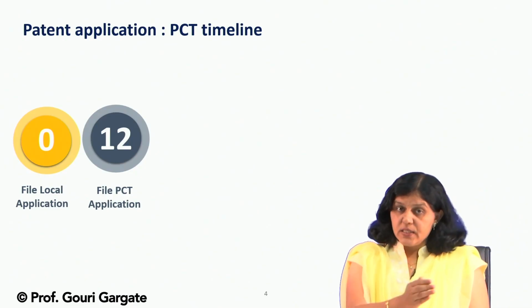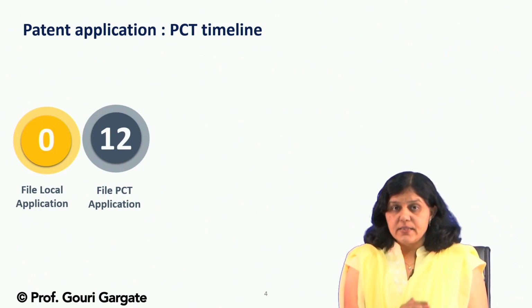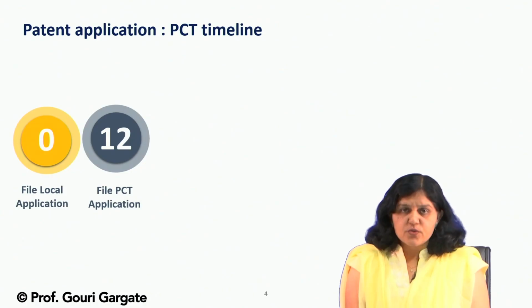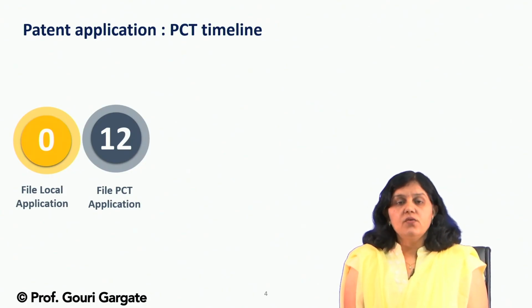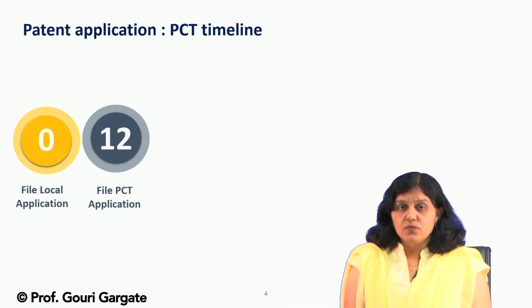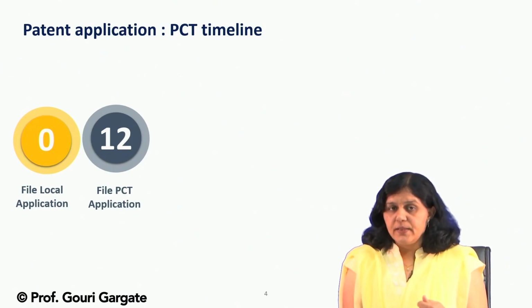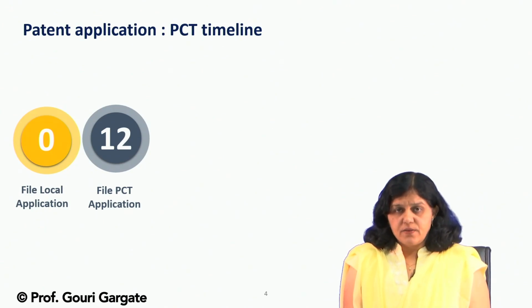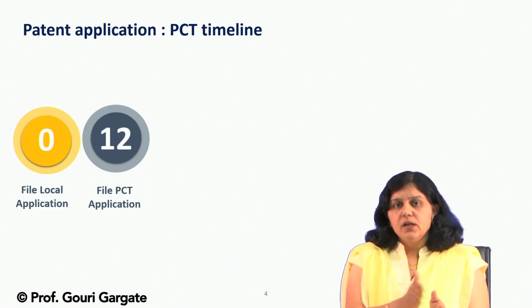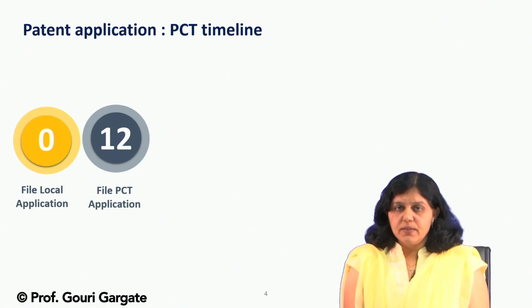We have seen earlier that for conventional patent filing also you have to follow the timeline of 12 months. So, whatever the application, provisional or complete, from the priority date you have 12 months to file the PCT.